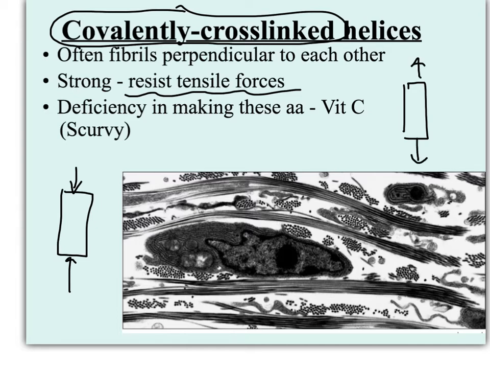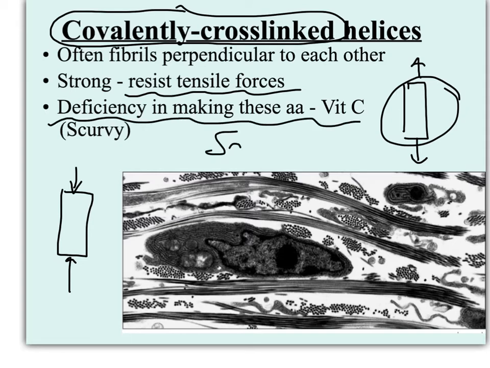So the collagen really is great at keeping tensile forces from ripping things apart. It's like having a really strong rope. Interestingly, the deficiency in vitamin C that occurs sometimes in sailors, or at least it did a long time ago.